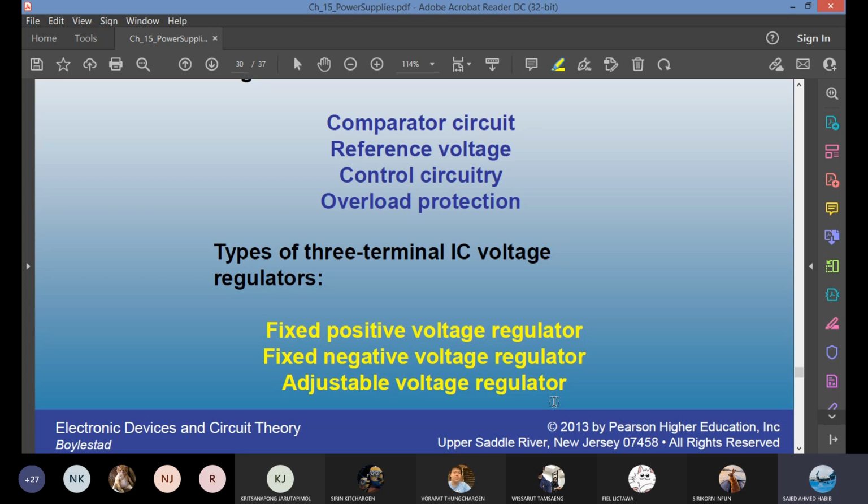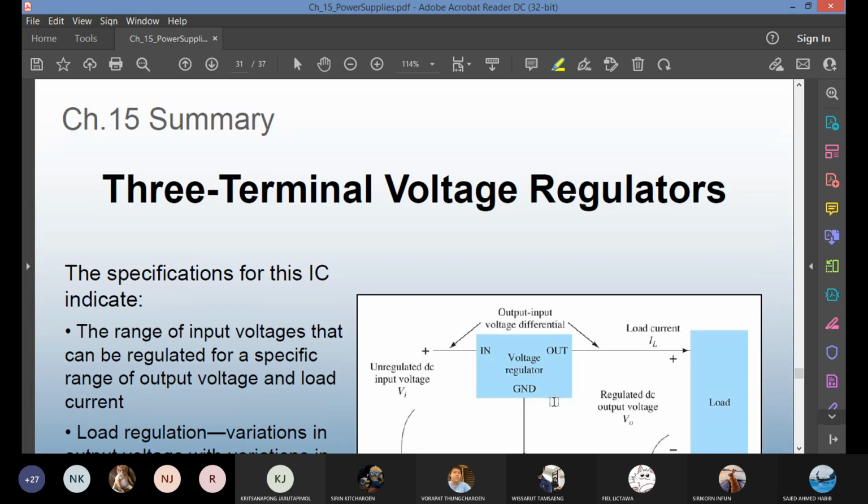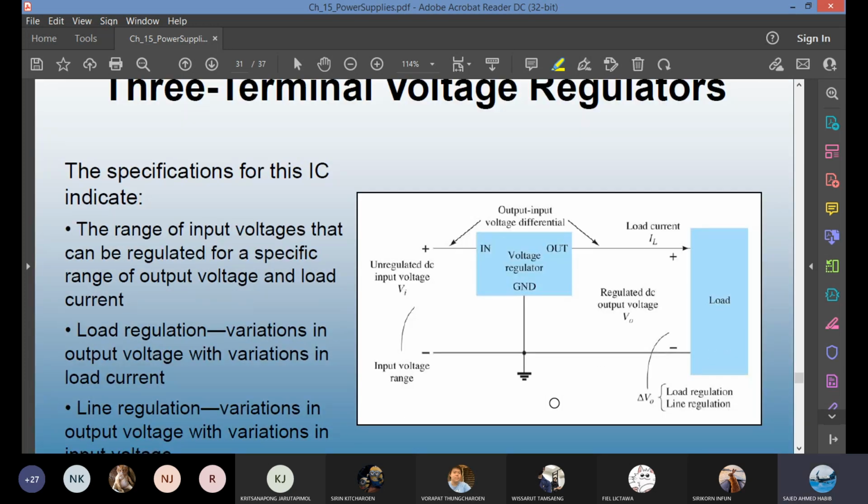In some applications, you might want to provide a negative regulated DC voltage. You can find negative voltage ICs as well. And you can even get an adjustable voltage regulator by using ICs. So, basic diagram of a 3-terminal voltage regulator.